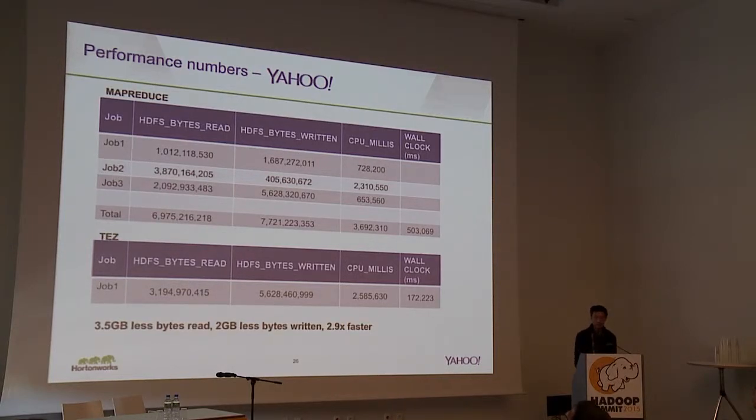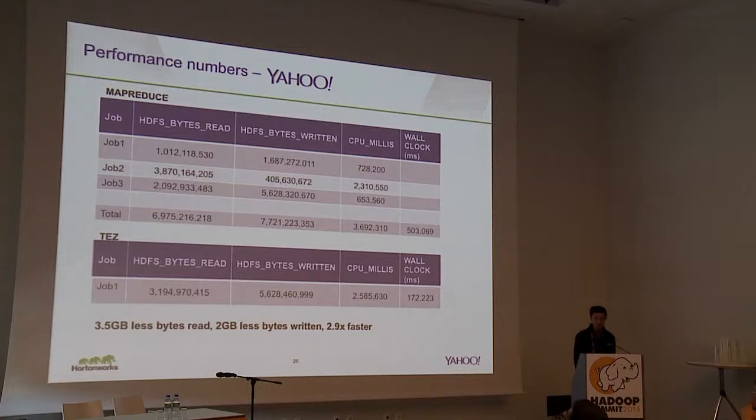And here we look into the data size for the MapReduce job and the Tez job produced in a single Pig script. In this Pig script, MapReduce will read almost 7 gigabytes of data from HDFS, and for Tez, it's less than half of it.